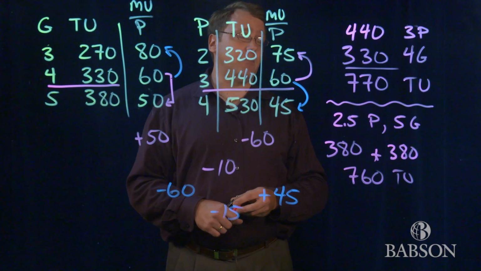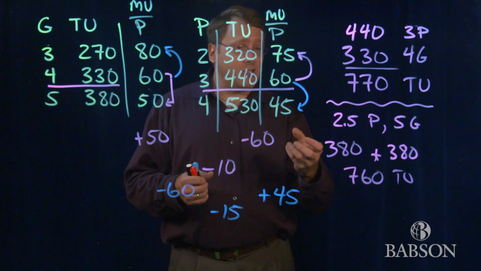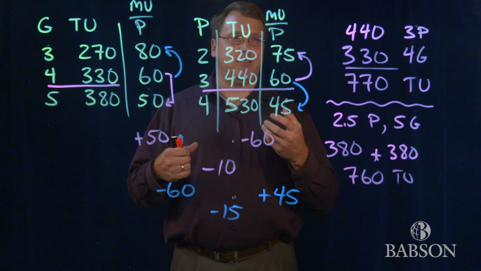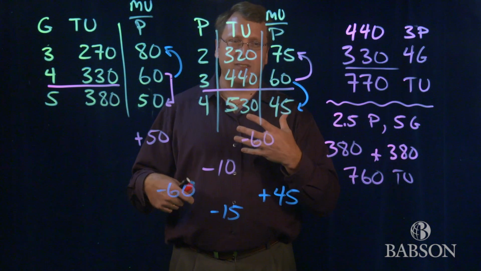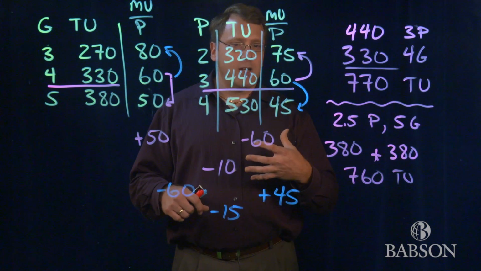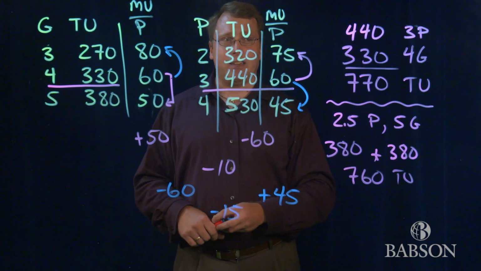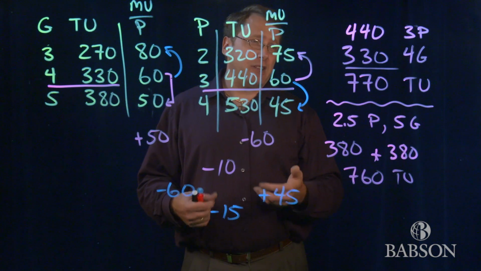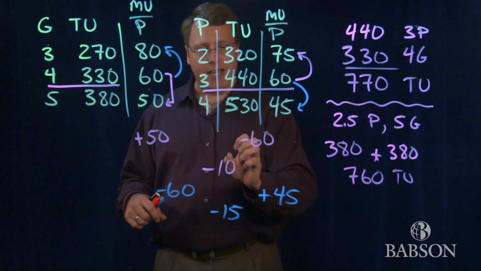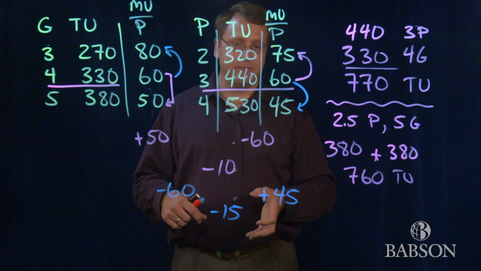Imagine you're eating a piece of pizza. You're hungry, so you eat the first slice. That's really great. As you eat the second slice, that's pretty good. You eat the third slice, you're probably getting full. The fourth, the fifth. Eventually, you're going to make yourself sick. And so what would that do? That would actually lower your total utility. So it is possible these things can actually get negative.